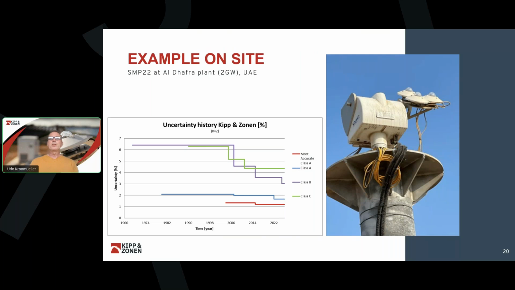On the right side picture, you can see an SMP22 example at the Al Dhafra plant in the Emirates, which was commissioned, I guess, in 2022 with 2 gigawatts, in these days the biggest plant on the globe. And on the left side, you can see a historical overview of how uncertainties of Kipp & Zonen pyranometers have improved over the years and even over the decades.